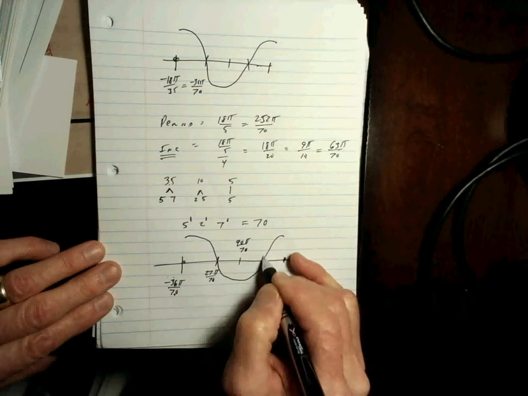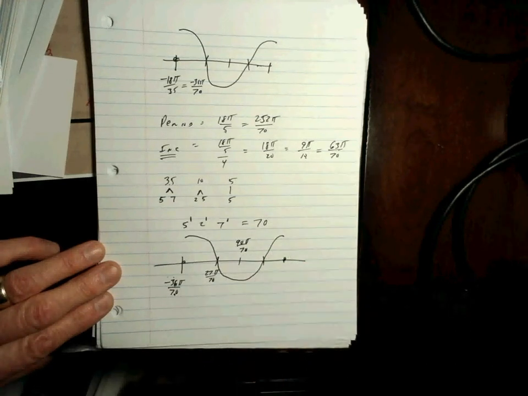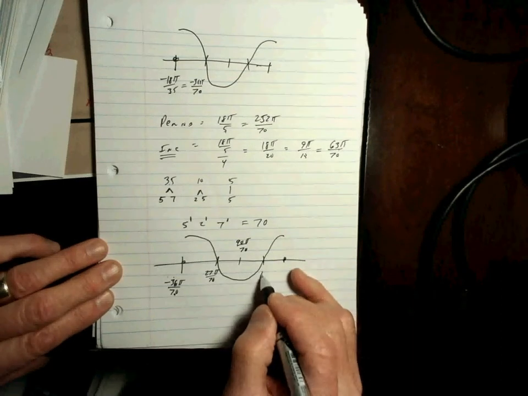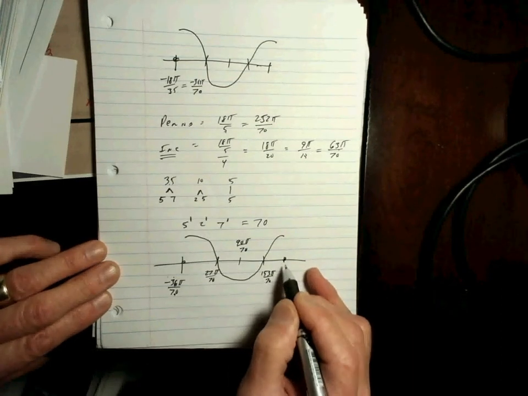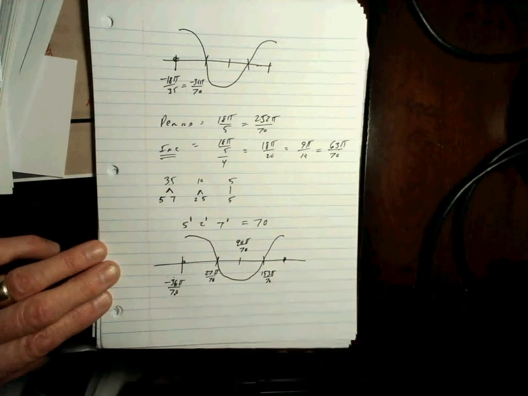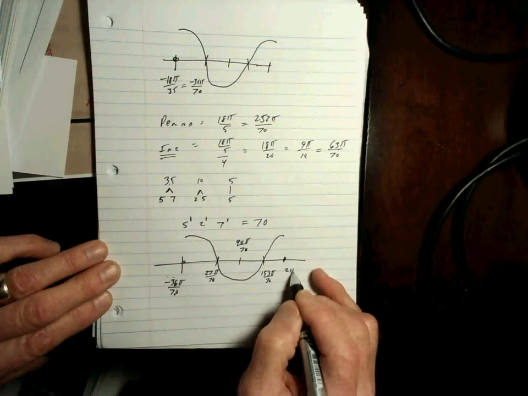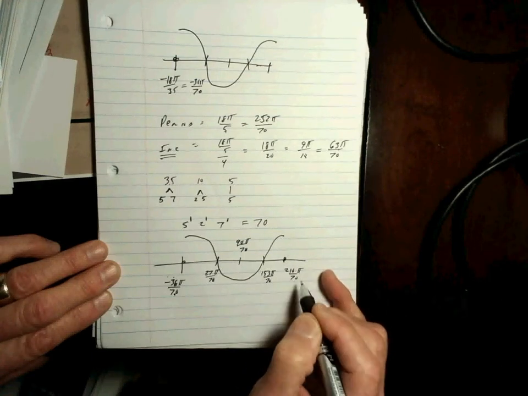Adding another one of those, 90 plus 63 again takes me to 153 pi over 70, and one more of those increments, plus 63 to that, I get 216 pi over 70.